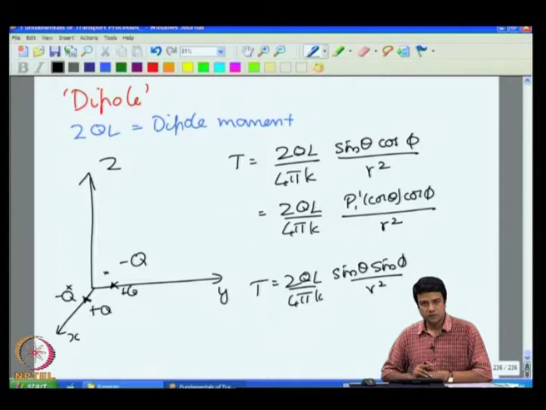N is equal to 1 and m is equal to 0, a dipole separated along the z axis. Minus 1 and plus 1 are dipoles separated along the x and the y axis. Okay. And there are only 3 ways to separate them, along the x, y or the z axis. Therefore, there are 3 terms, okay, 3 dipole terms.